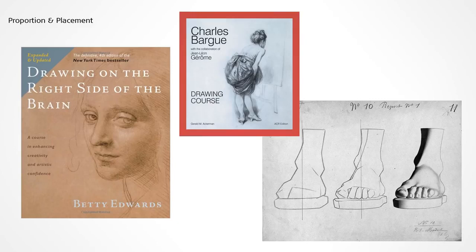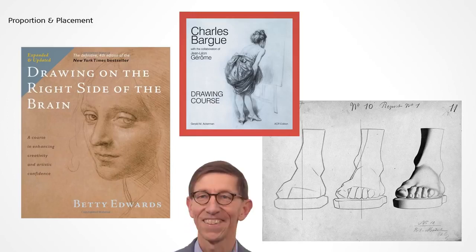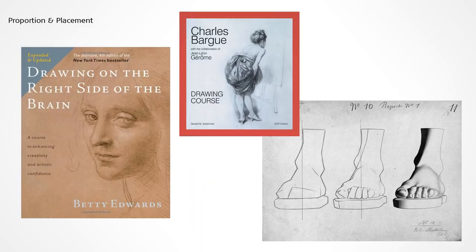But then if you want to go more advanced and you really want to nail down your proportions, doing Bargue drawings will help. And it's basically drawings by this guy called Charles Bargue, and you try and make the drawing exactly like what you see, to the most minute detail.